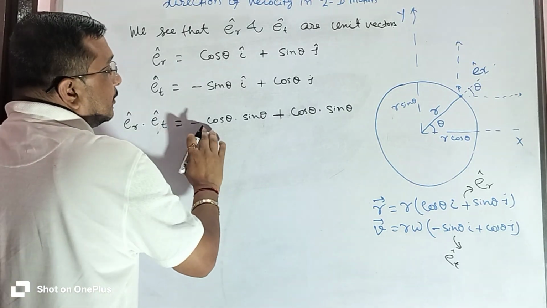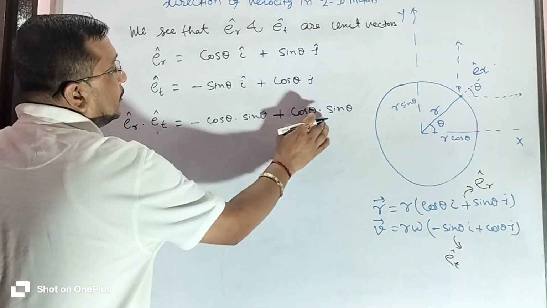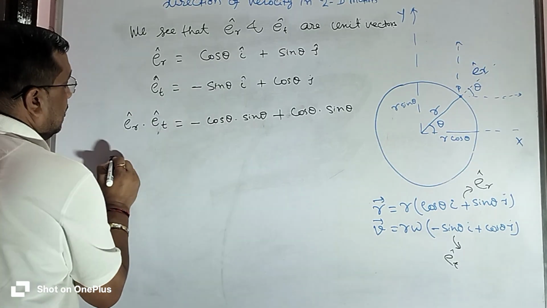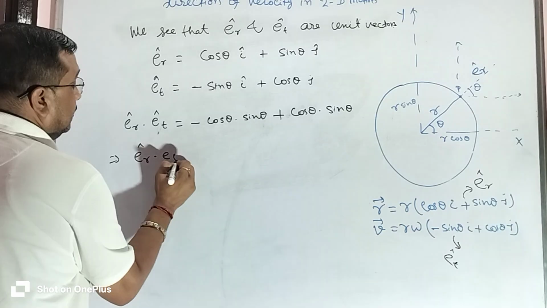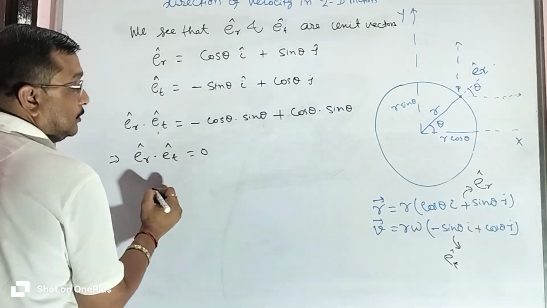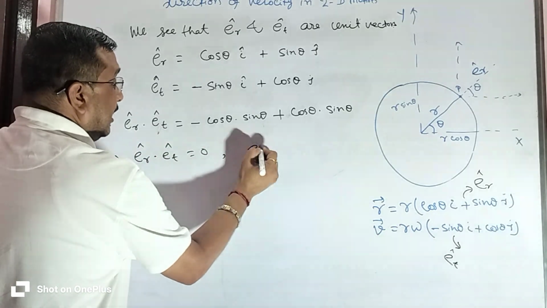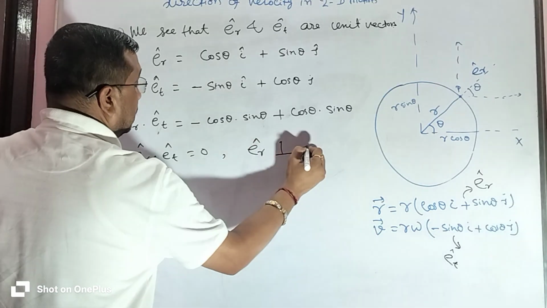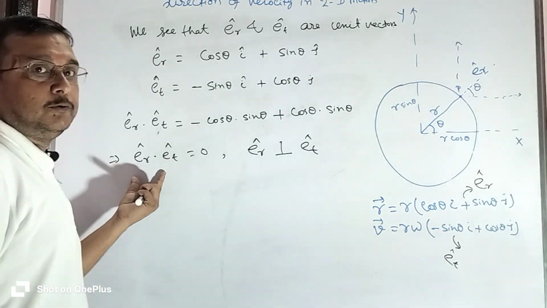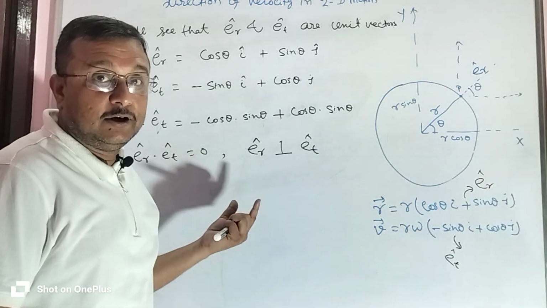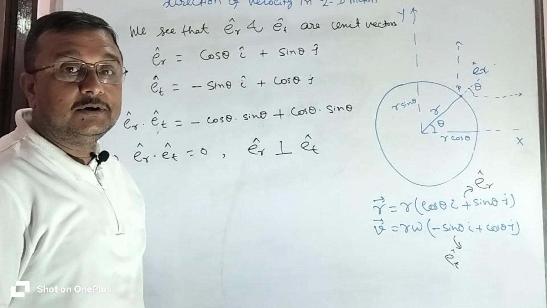So what can we get? Minus cos theta sin theta plus cos theta sin theta, it will be 0. From here we can write ER dot ET equals 0. Means ER is perpendicular to ET, because if the dot product of two vectors is 0, both vectors are perpendicular to each other.